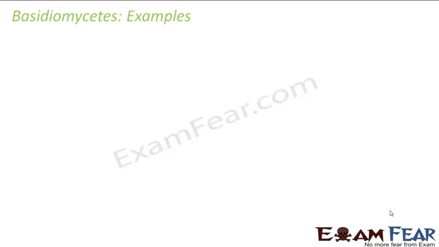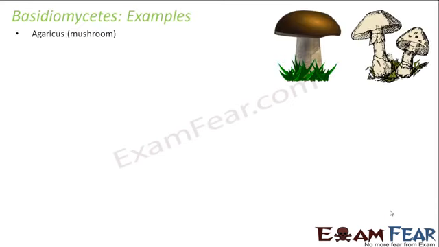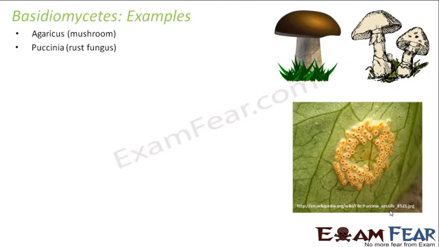Okay, let us look at some examples of basidiomycetes. The first one, obviously, is mushroom, scientifically known as Agaricus. Puccinia, that is the rust fungus, is generally seen on the leaves of plants. Here in this picture, you can see it very clearly. You would have often seen in your house or neighborhood that the green leaves of plants get some yellow patches over them.